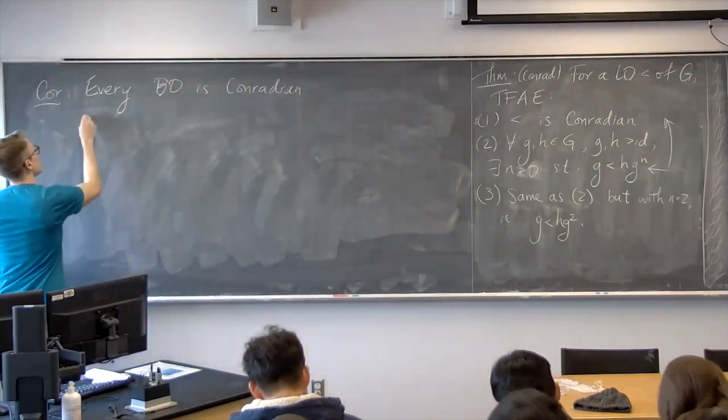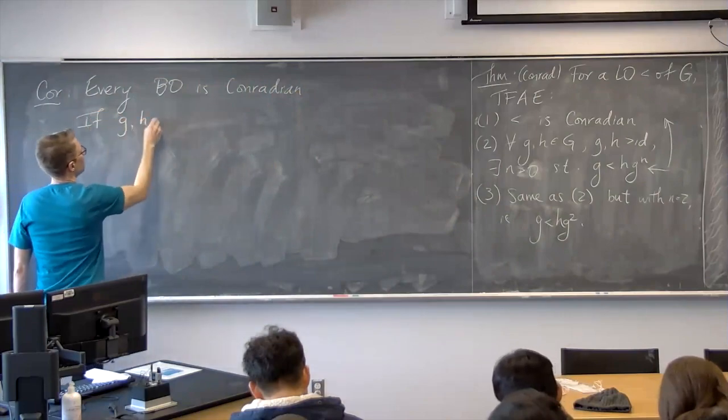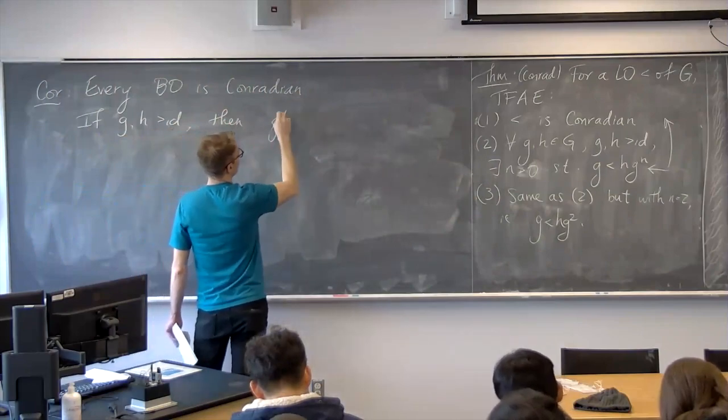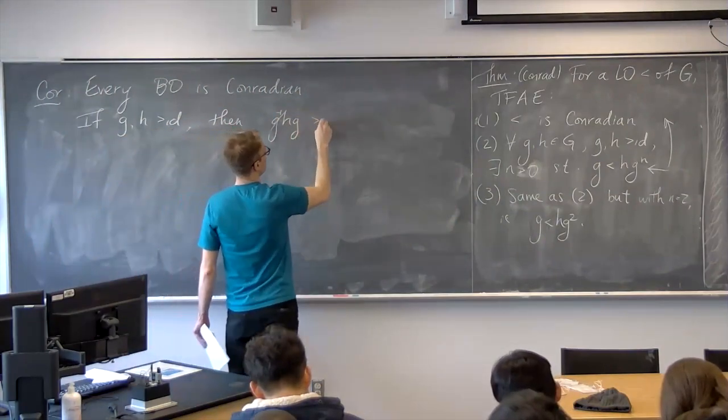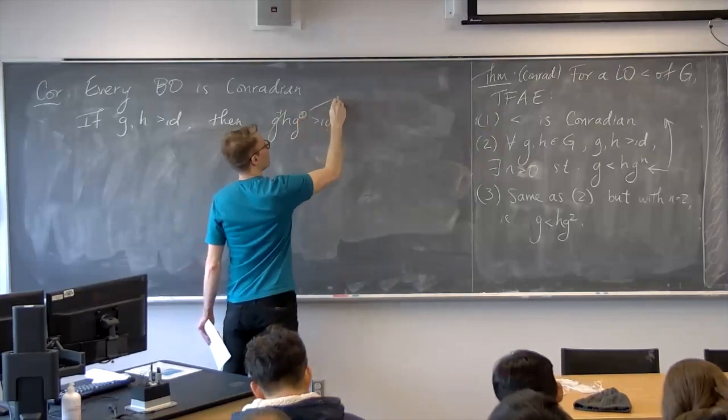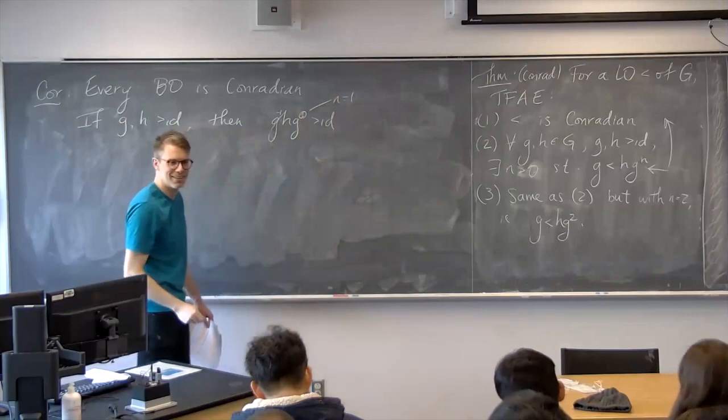And it's just because if g and h are bigger than the identity, then g inverse gh is bigger than the identity. And so that's n equals 1 working, right?